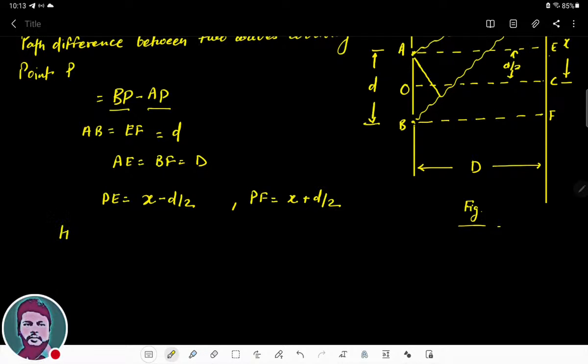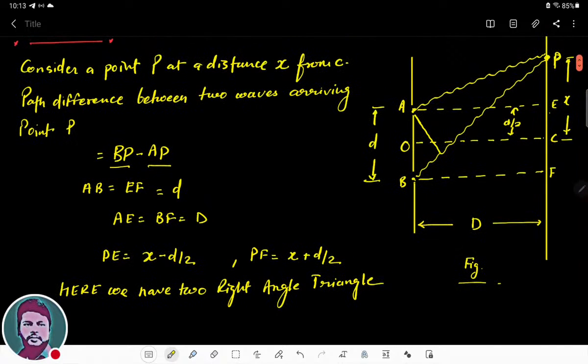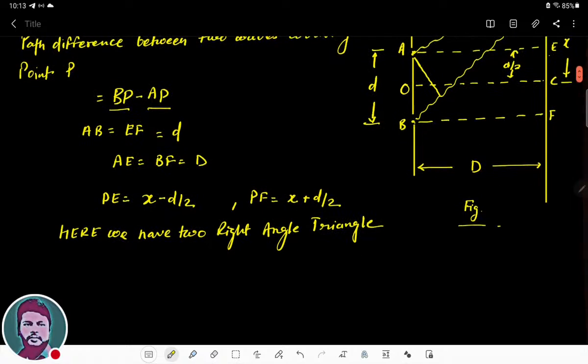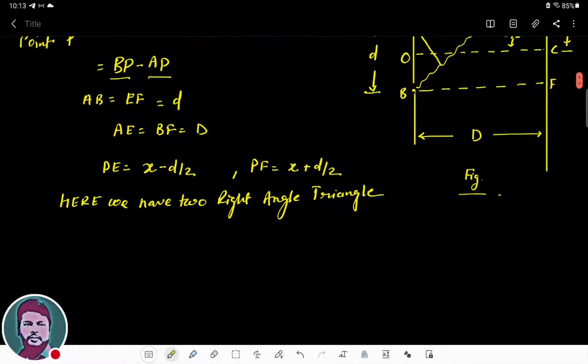So we can write that here we have two right angle triangles, that is triangle APE and triangle BPF.